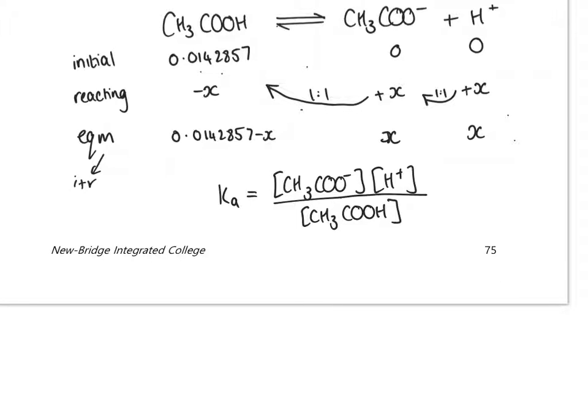Back in the question, we were told that Ka is 1.8 times 10 to the minus 5. That's the value that I got you to change.